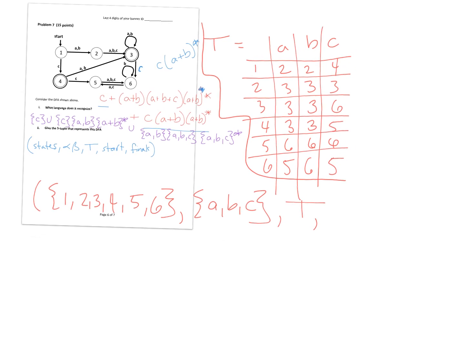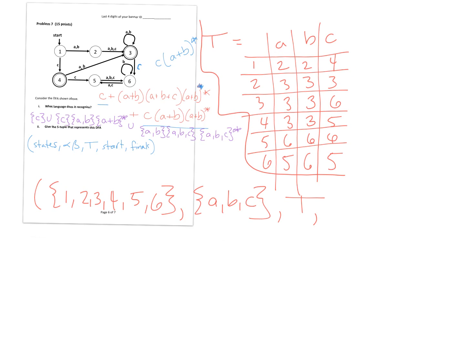So let's just fill that in here. My start state was 1, not a set, just a singleton. You only ever have one of those. But my final states, my accept states, 3 and 4. And of course, it's our 5-tuple. You wouldn't have your 5-tuple if you didn't end with a closed paren.